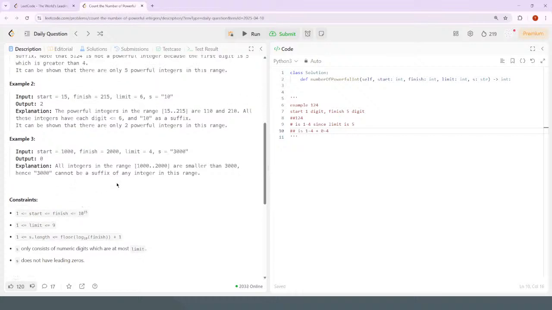Okay, the suffix. You start with the prefix of 0 and see if it's bigger than your start. Okay, let's try something brain dead.